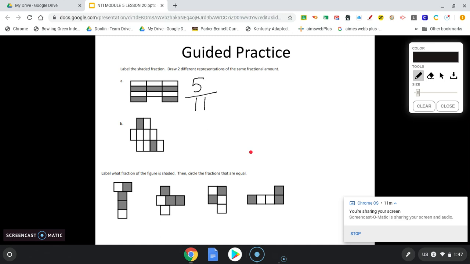Now let's also look at this one. How many parts are shaded in? 1, 2. Now how many parts are there altogether? What's the fractional unit? 1, 2, 3, 4, 5, 6, 7, 8, 9, 10. So 2/10 is shaded in on that one. I'm going to draw a representation of 2/10 for this one.